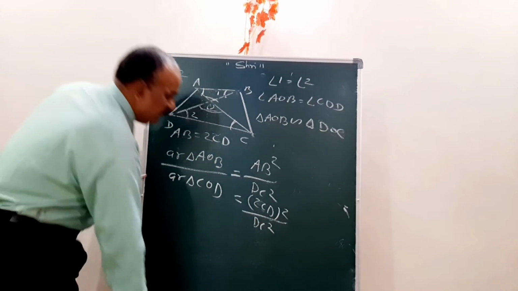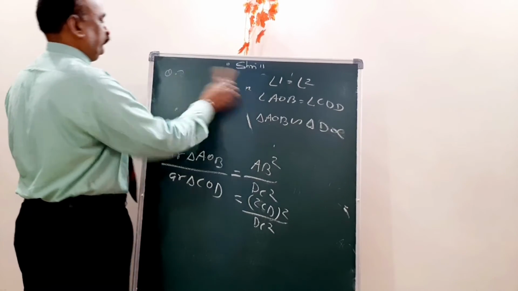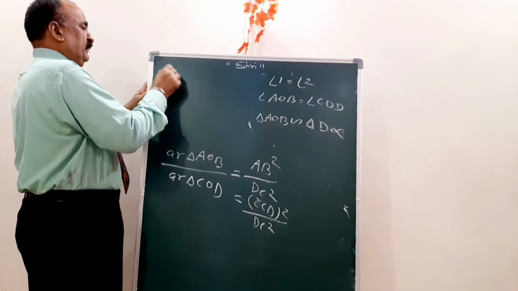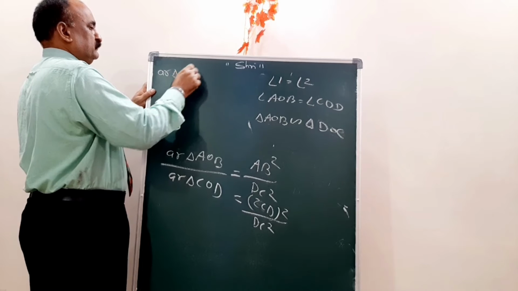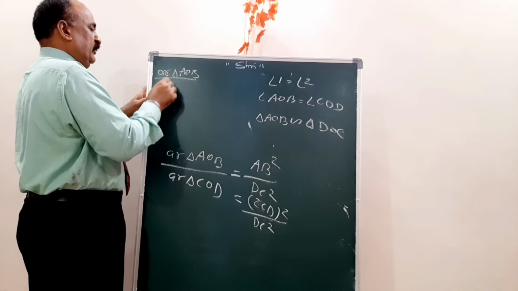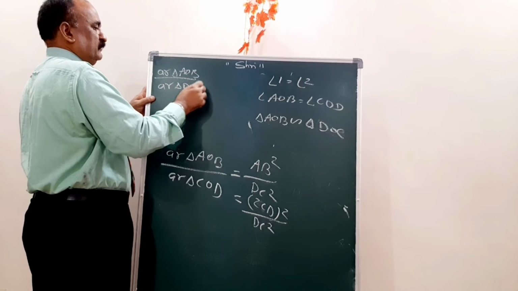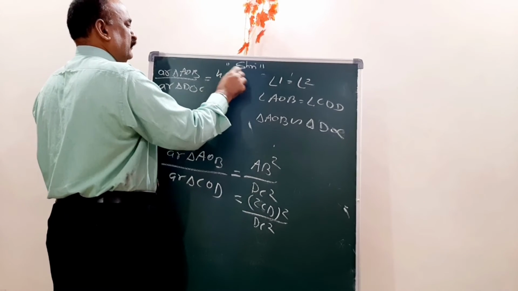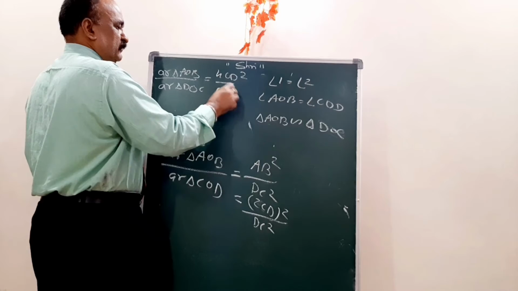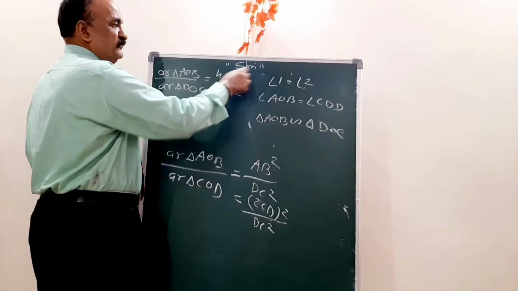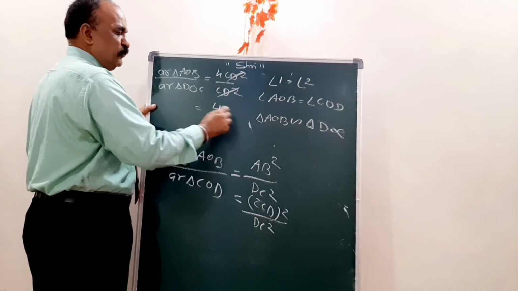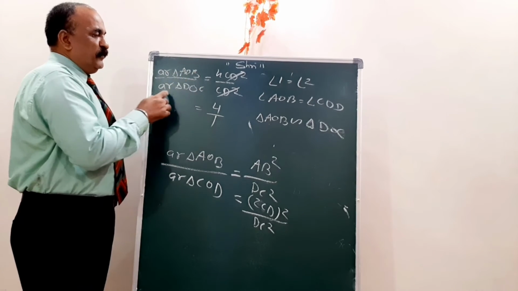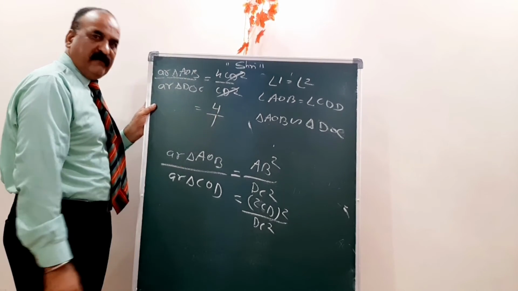So area of triangle AOB upon area of triangle DOC is equal to 4CD square upon CD square. CD square cancels. The answer is 4 upon 1. It means the ratio of the area of these two triangles AOB upon DOC is 4 upon 1.